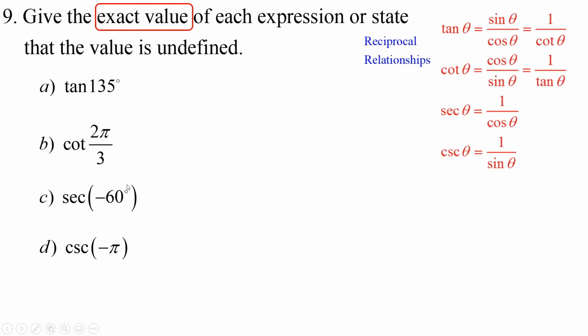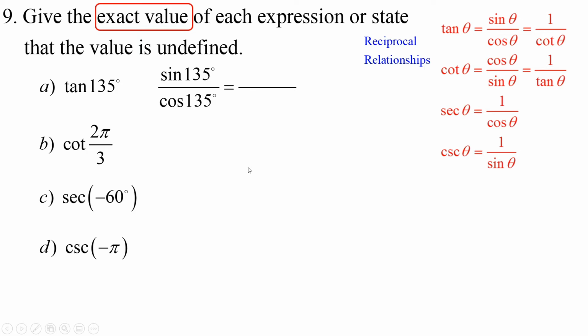I do know that tangent is 1 over cotangent, which probably isn't going to help me here, but I also know it's sine over cosine. So tangent of theta equals sine of theta over cosine of theta. So let's write this tangent of 135 degrees as sine of 135 degrees over cosine of 135 degrees. And now we can get each of those and answer this question.